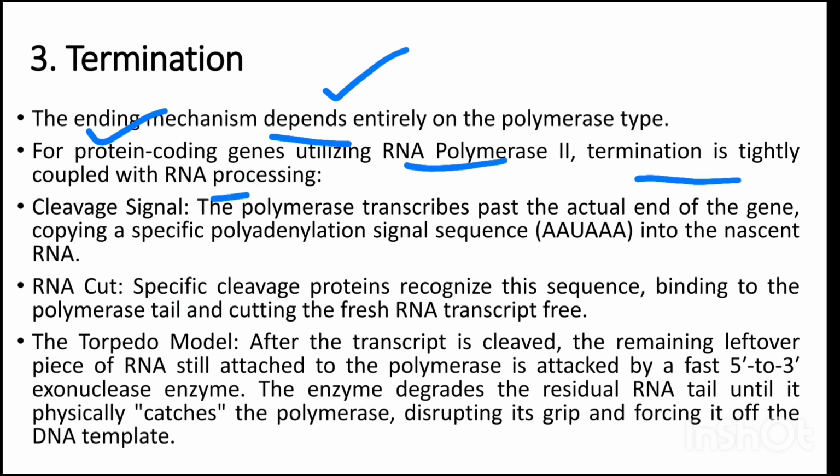At first, the polyadenylation or cleavage signal: the polymerase transcribes past the actual end of the gene, copying a specific polyadenylation signal sequence into the nascent RNA. Unlike bacteria, there is no hairpin loop to stop the transcription. Polymerase II transcribes a specific polyadenylation signal sequence, which is the actual signal for terminating the transcription process.